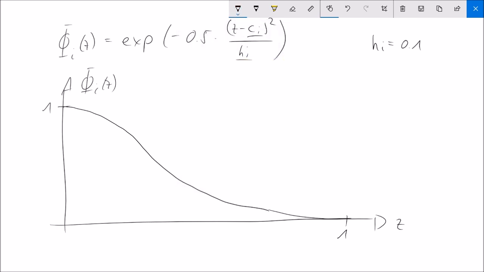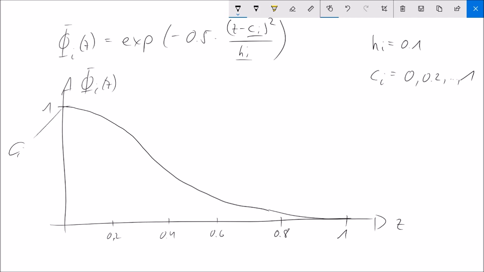The second function would be something like that, if we define our different values 0.2, 0.4, 0.6, 0.8. I will define 6 functions, c_i is 0, 0.2, up to 1.